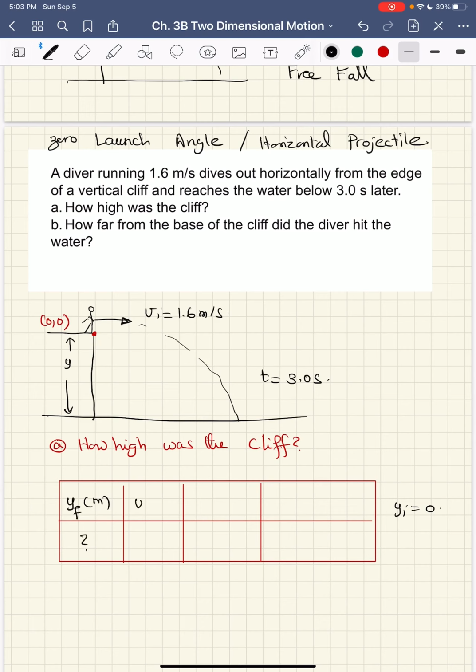The initial velocity here is 1.6. The acceleration along the y is negative 9.8. And the time is 3 seconds.